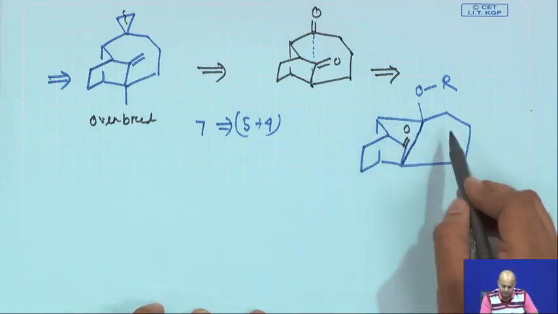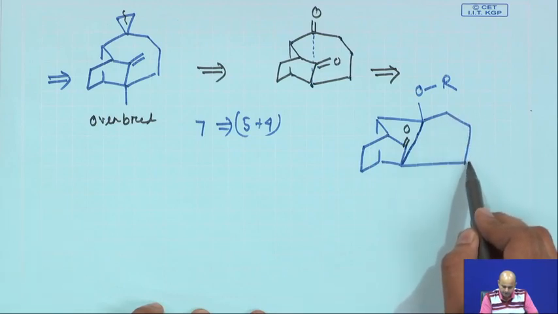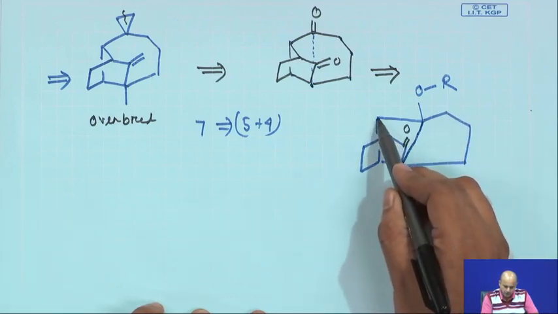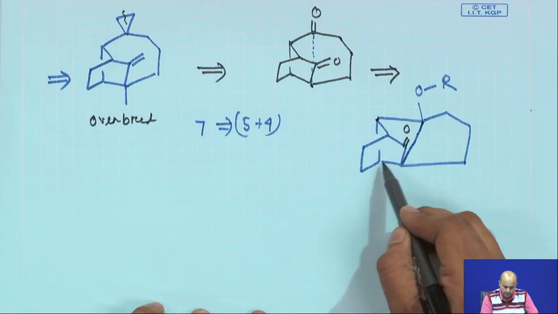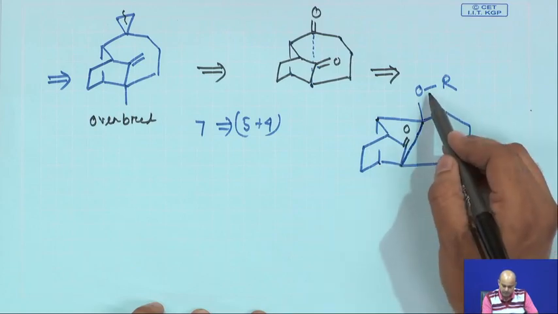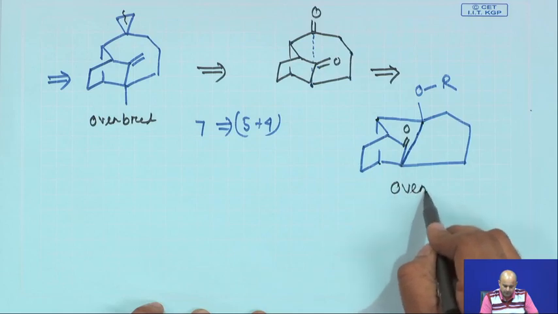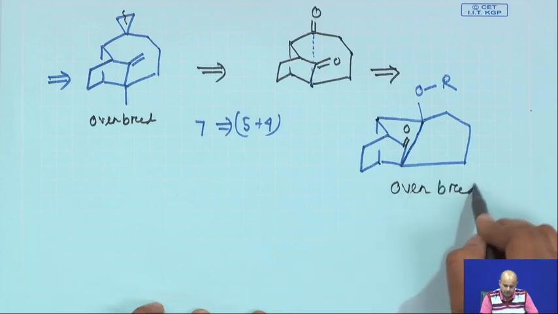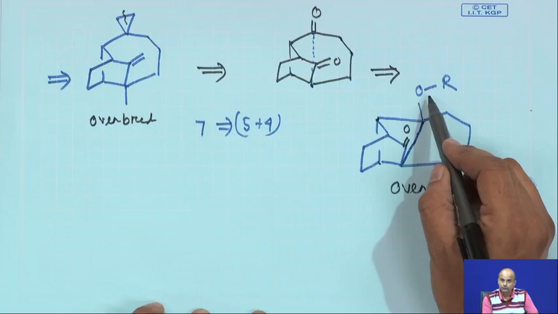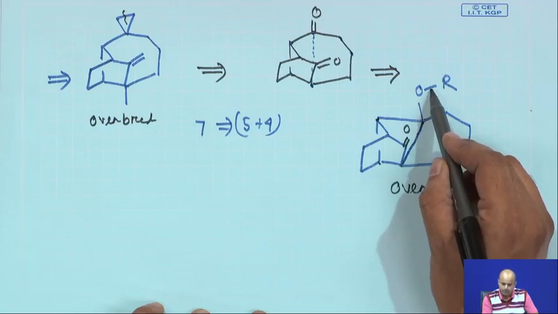Now, this is what? This is basically a 5 member ring on the right hand side and a 4 member ring with this bridge 1, 2, 3, 4. Now, what is said? If you make this overbred, it undergoes a retroaldol kind of reaction.